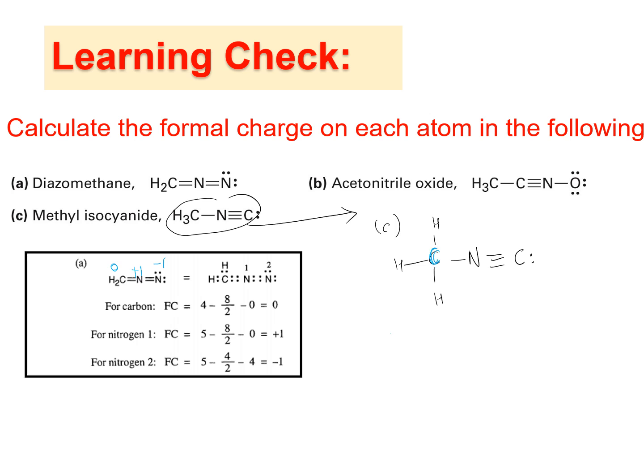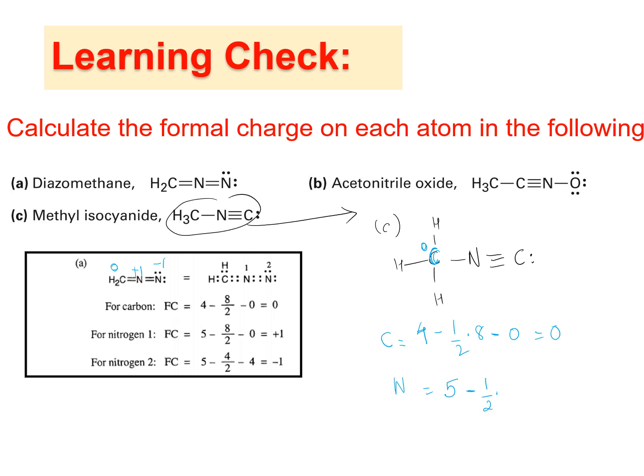For my blue carbon, I have valence electrons equal to 4 minus 1/2. How many bonding? 1, 2, 3, 4, 5, 6, 7, 8. 8 minus how many lone pairs? None, right? So this comes out to be 0. So the formal charge on this carbon atom is 0. Then for nitrogen, how will you calculate it? Number of valence electrons, you can look up at the periodic table, 5 minus 1/2.